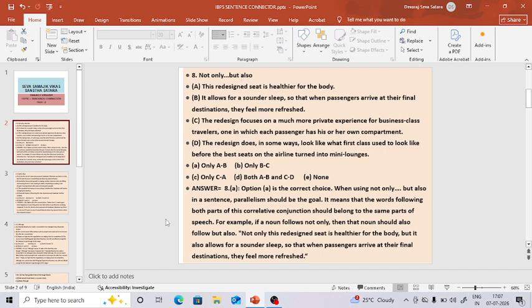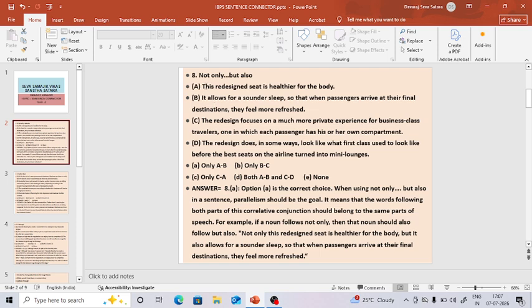It means not only but also is used for parallelism in the sentence, and that is the time we use this connector. The words following both parts of these correlative conjunctions should belong to the same part of speech. So for example, if a noun follows not only, then a noun should follow but also. That kind of arrangement must be there.